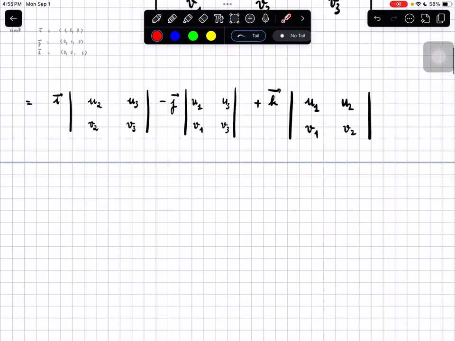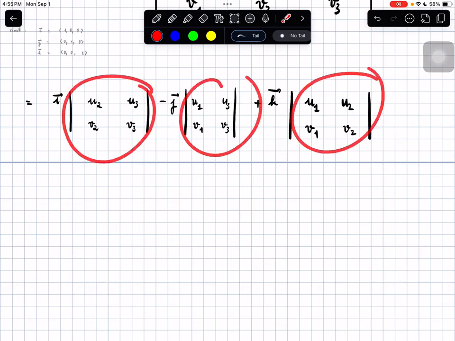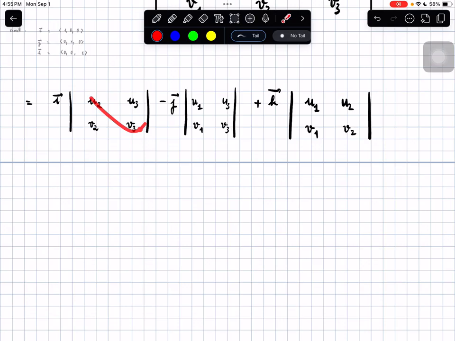So let's go a step further. This is a determinant of a 2 by 2 matrix, so this is u2 times v3 minus v2 times u3. You multiply the elements on the main diagonal, minus the product of the ones on the other diagonal.